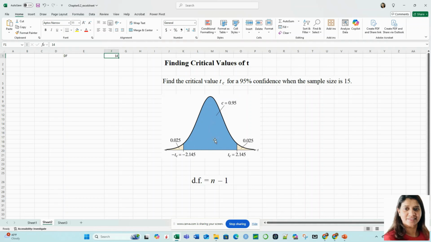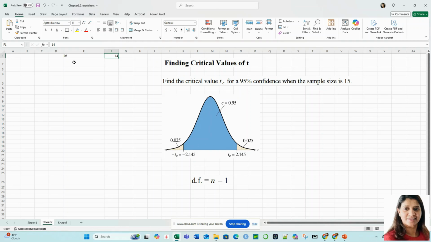you will see that 95% confidence means the area under this curve from negative tc to positive tc is 0.95. Then the total probability of these two regions is 1 minus 0.95.